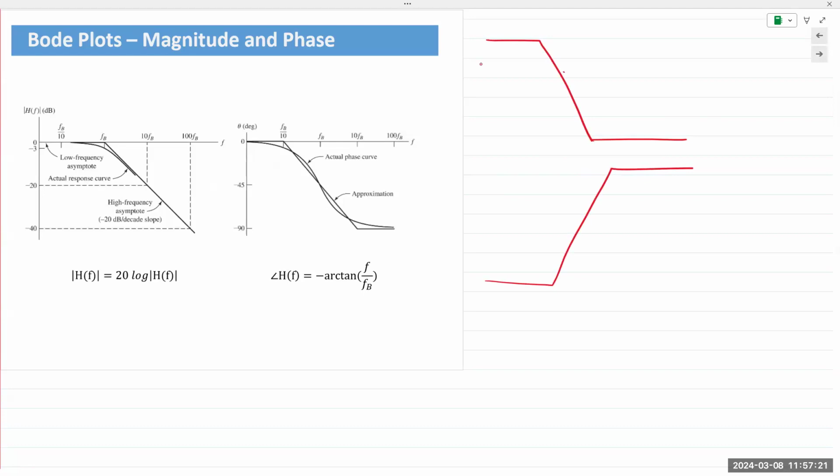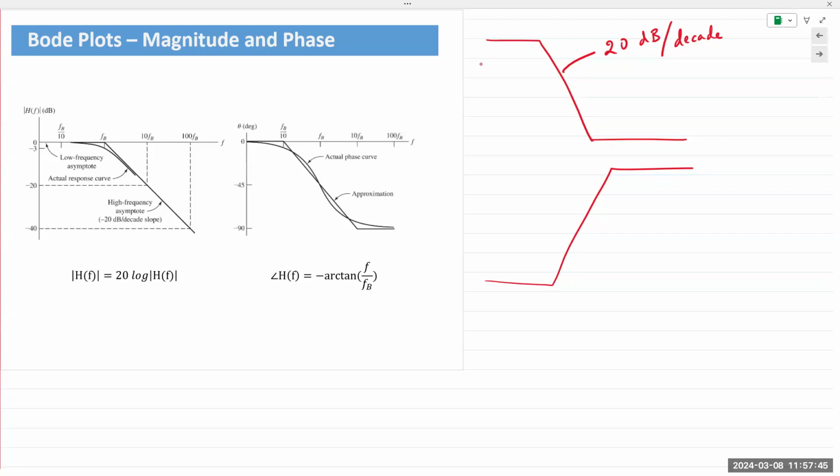Each of these has a slope, and the slope always has a value of 20 dB per decade. If it's a low pass filter, after the cutoff frequency, it starts to lose voltages, right? It starts to lose the power, excuse me.